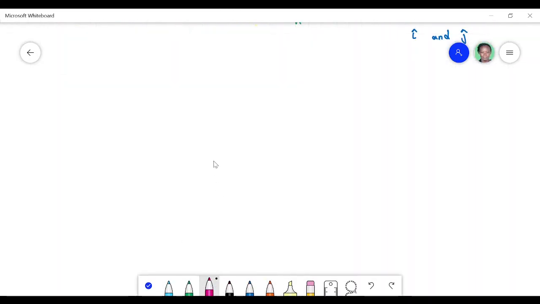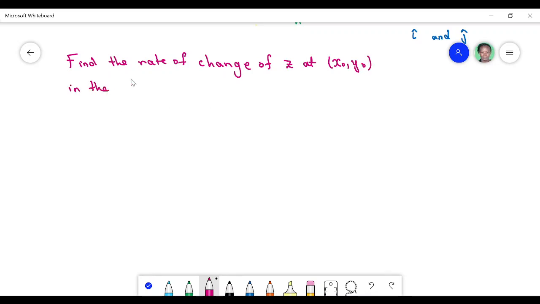So let's suppose that we wish to find the rate of change of z at the point x naught, y naught in the direction of a unit vector.